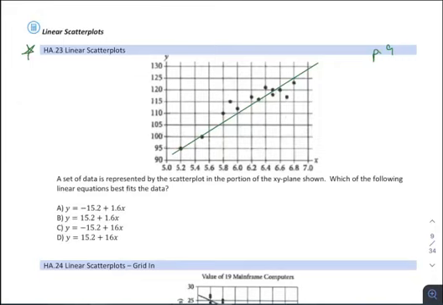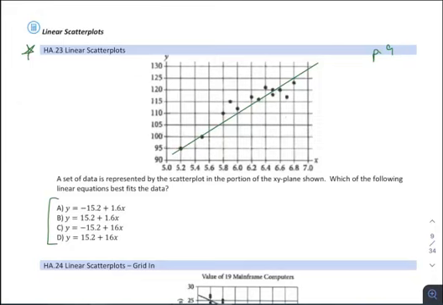Okay, and so the idea on this is, let me go backwards, scan the answer choices. So what you see here is that you have this linear form, which makes sense because this is a scatter plot represented by a straight line.